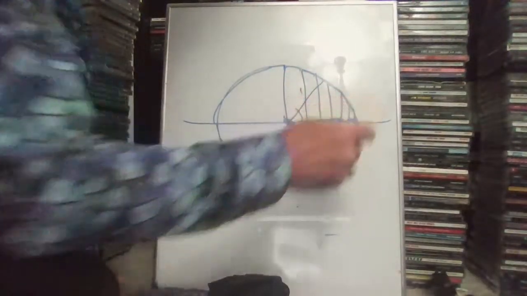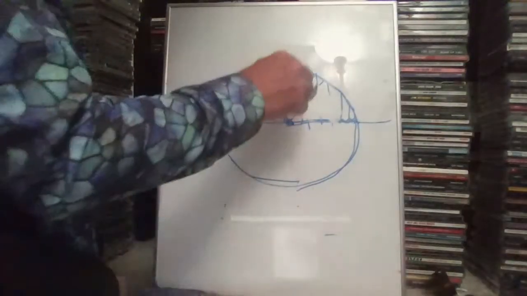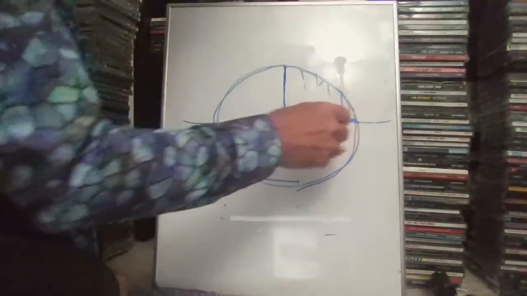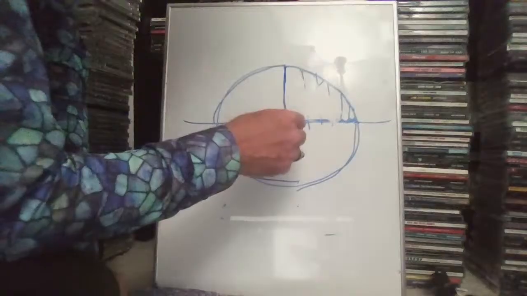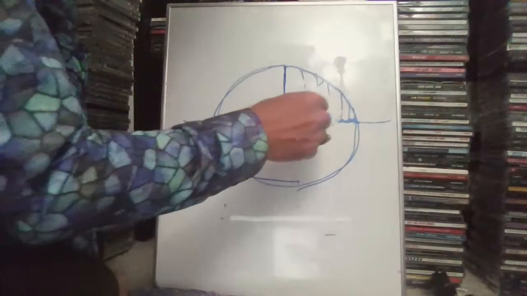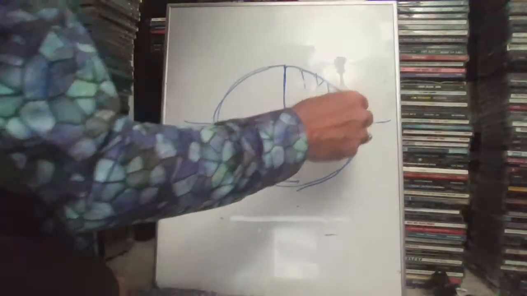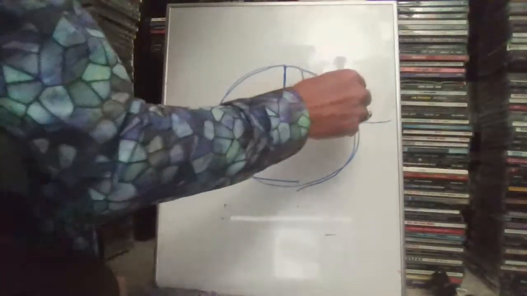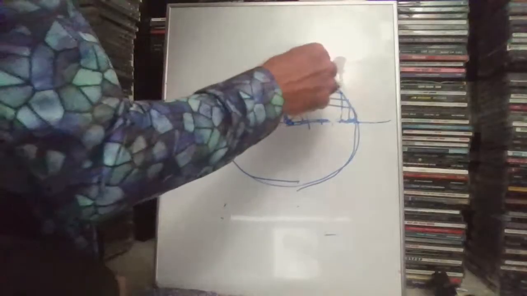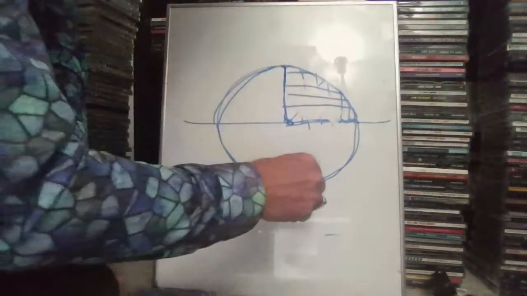The sine part, that's the vertical. It would start at 0, and as the angle gets bigger, it goes up toward 1, and then it falls back to 0, then to -1, then to 0.